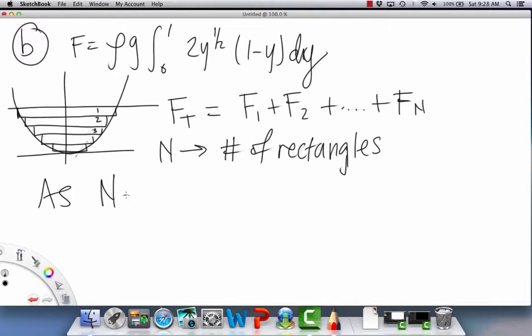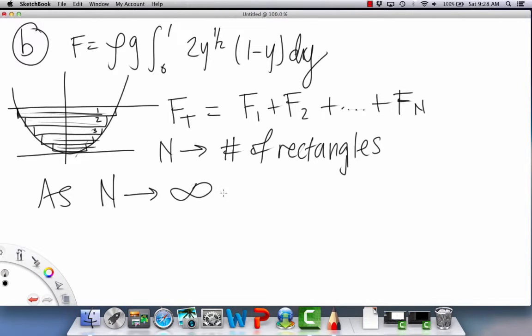As you have an infinite number of sub-rectangles, as they get thinner and thinner, your approximation is going to become more and more accurate until you approach the actual value of the fluid force on this section of the parabola.